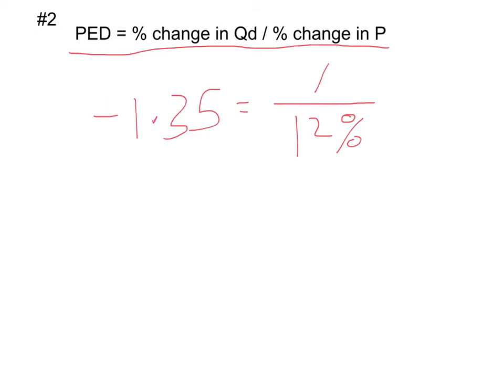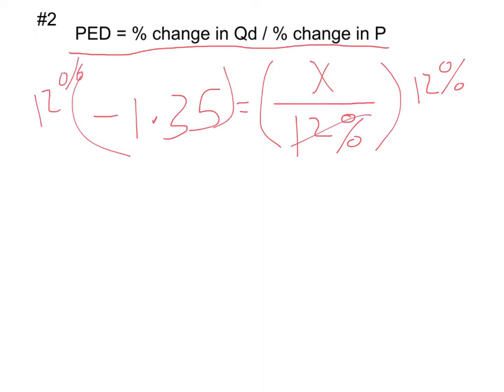What we don't know is the change in quantity demanded, so we need to solve for x. Recall, solving for x, we multiply both sides by 12%. That's going to cancel out here.